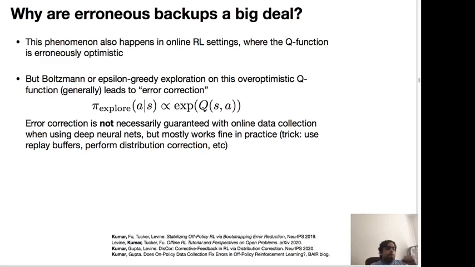And when you do this, you're precisely taking those actions for which your Q values are erroneously optimistic, and you're observing the right value for those actions. So if you had a Q value that was erroneously plus 1000, you'll take that action and observe that its actual return value is negative 100, and so you will end up correcting your errors using this information. Now, in general, this is not true because error correction may not happen with online data collection everywhere. However, it mostly works fine in practice.